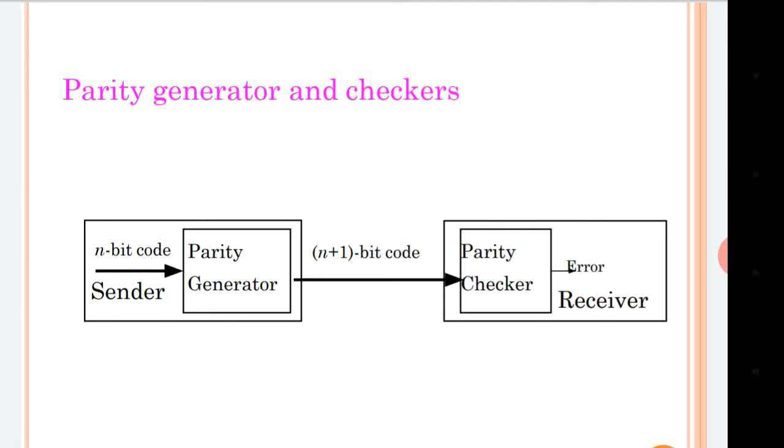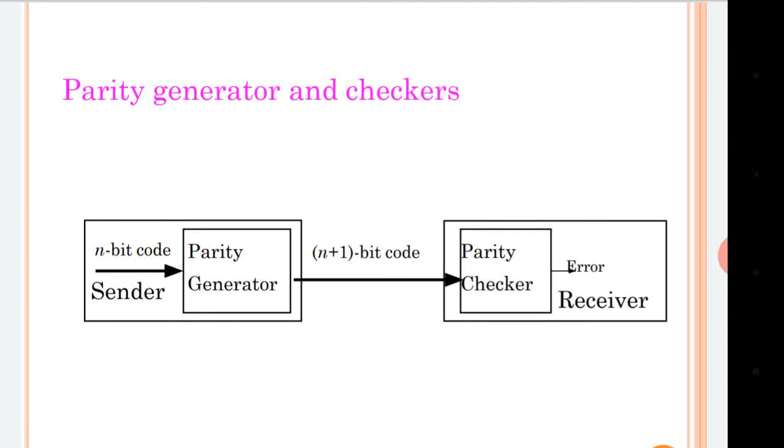And for odd parity data, it will again generate parity bits in order to make the total number of ones odd. Parity checker: on the receiver side there is a parity checker which will check whether the received data has even parity or odd parity, and accordingly it will generate an error if it is present. Now what is the application of this, where is it used?